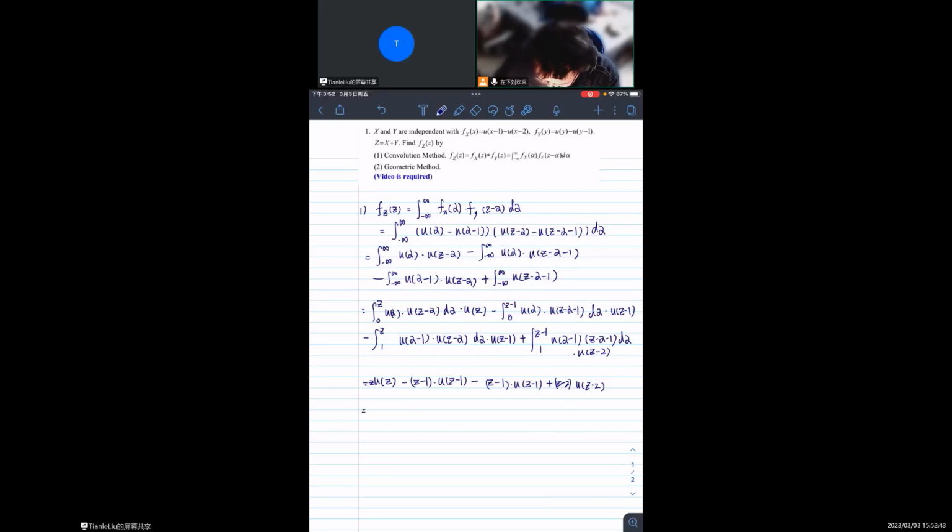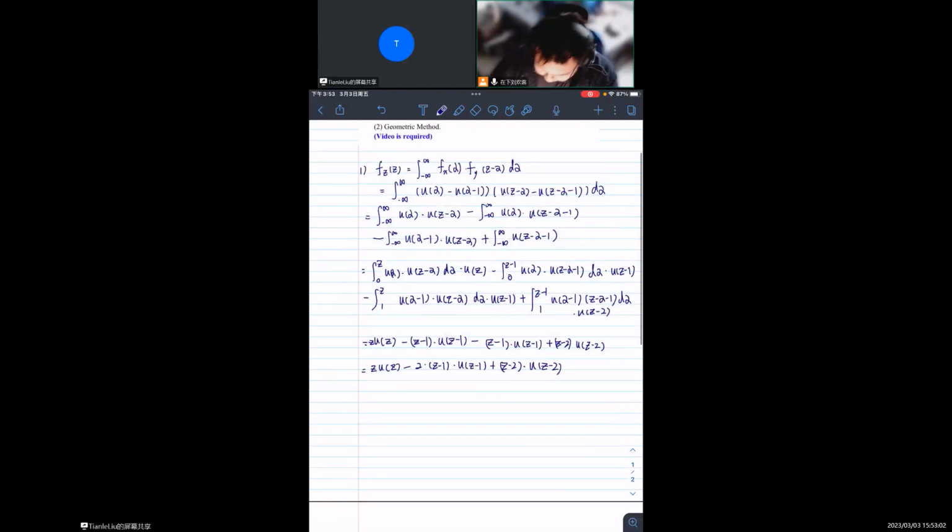To wrap it up, we should have this one. Here's the outcome of the formula for the convolution method without the right shift.